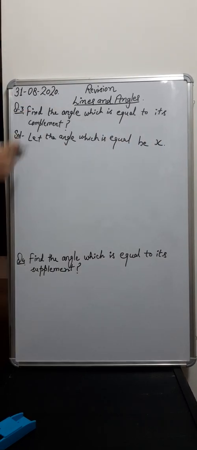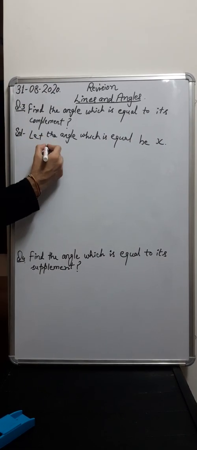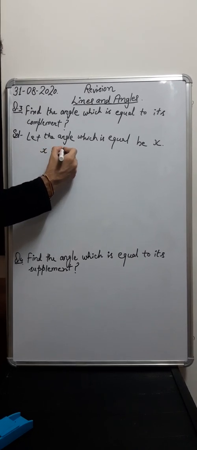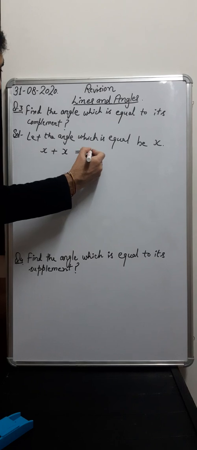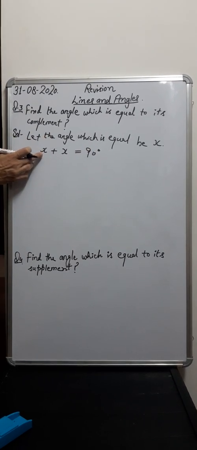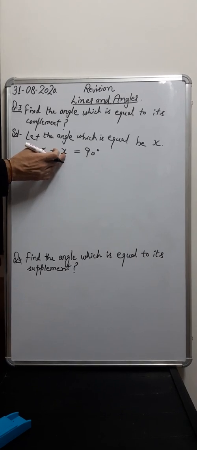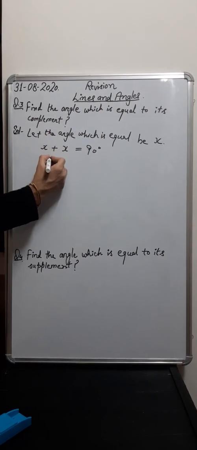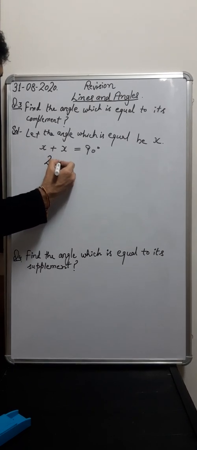In a complement, the sum of two angles is 90 degrees. If one angle is x, the second angle will again be x because it is equal to the other. So x plus x gives you 2x.